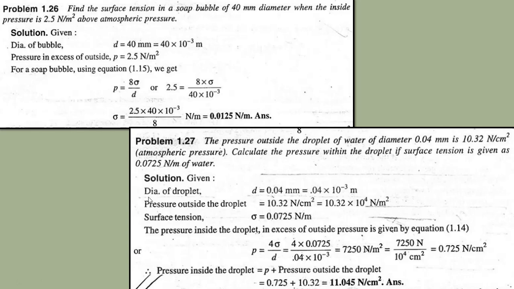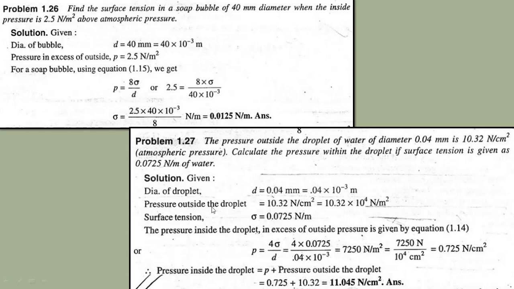Next, the pressure outside a droplet of water of diameter 0.04 mm is 10.32 Newton per centimeter square. It is atmospheric pressure. Calculate the pressure within the droplet if the surface tension of water is given as 0.0725 Newton per meter. Solution: given diameter of droplet small d is equal to 0.04 mm, which is 0.04 into 10 raised to minus 3 meter.